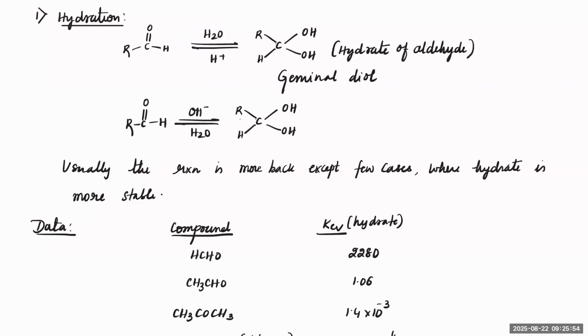Eventually you will get an OH and OH. So this is called a hydrate of aldehyde, or also geminal diols. In basic medium also, aldehyde can be attacked by OH minus here. Then oxygen can take H plus from water and convert that into a hydrate form.